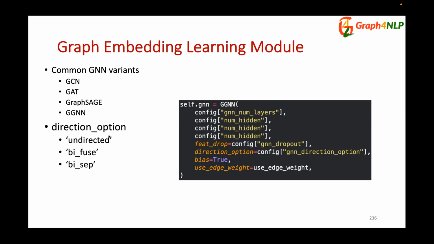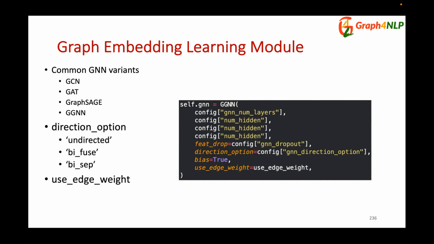Remember that previously we introduced the bidirectional GNN. For each type of GNN, we allow users to specify whether we want to use a unidirectional GNN or bidirectional GNN, and for bidirectional, whether we want the bi-fuse version or the bi-sep version. We can easily specify it when we call the GNN API.